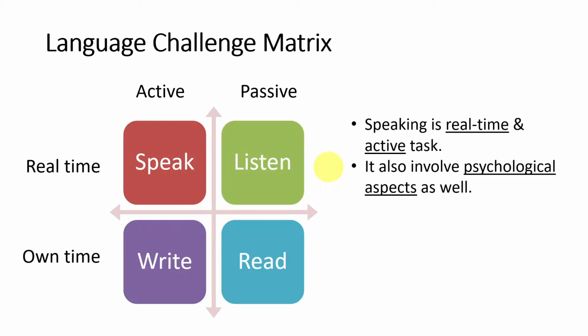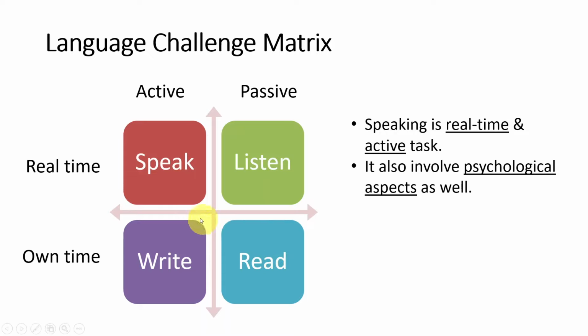So when it comes to learning a language, there is a variation of challenges in different aspects. When it comes to using a language, there are four main tasks we have to do: speaking, listening, writing, and reading. So let's analyze those. Let's try to categorize those.